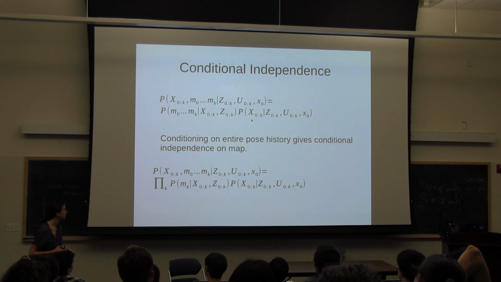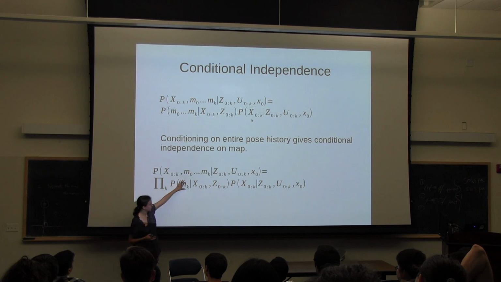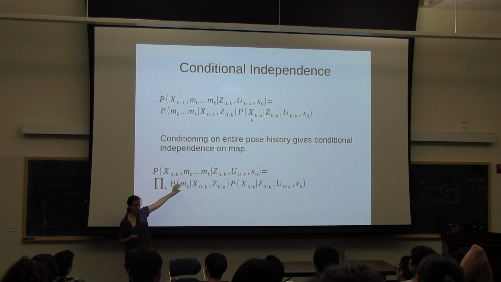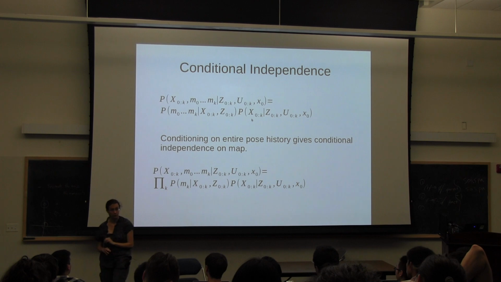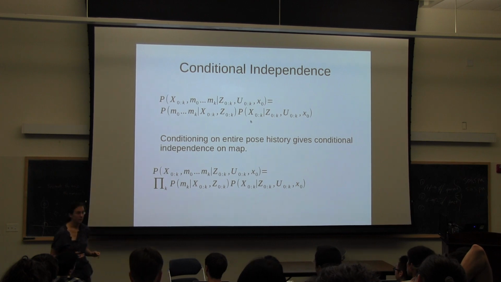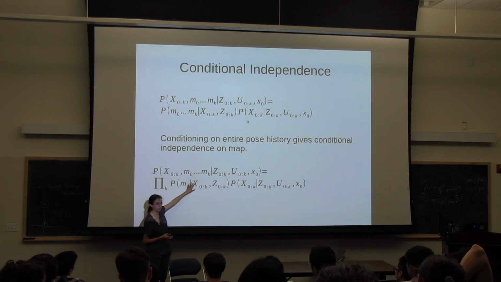Two separate parts. This part I can treat as Gaussian. I can make the same Gaussian assumptions that we talked about for EKF, and they're very good. They match what I think is really going on. I've got some kind of sensor error, and it all works out.